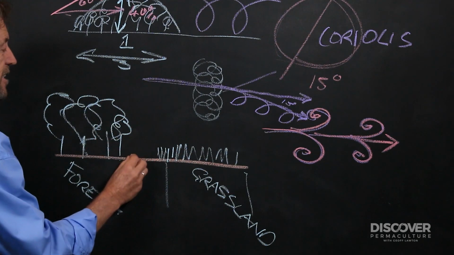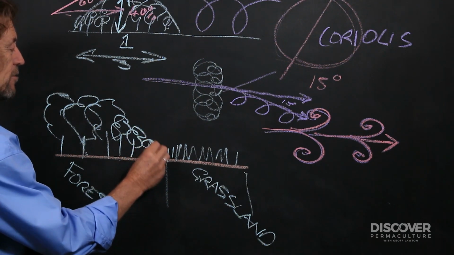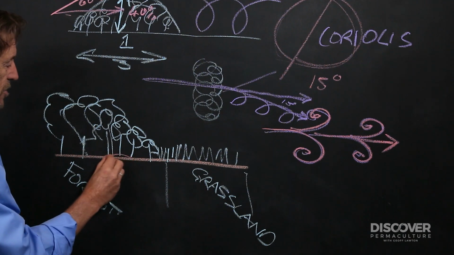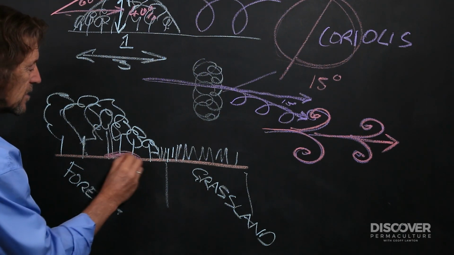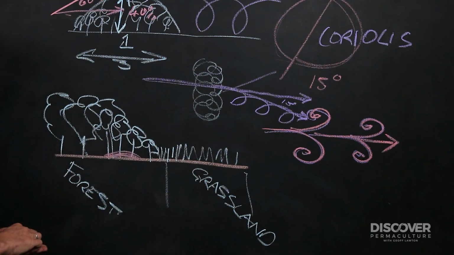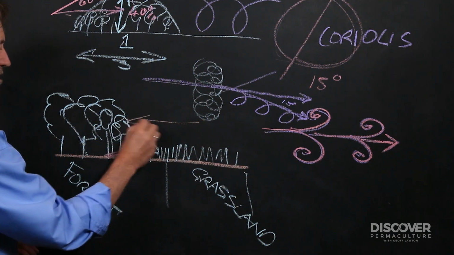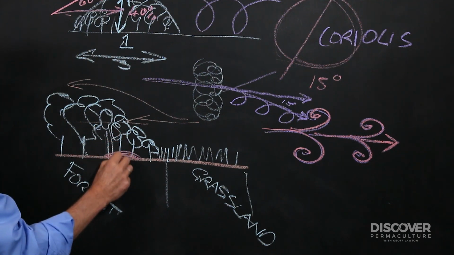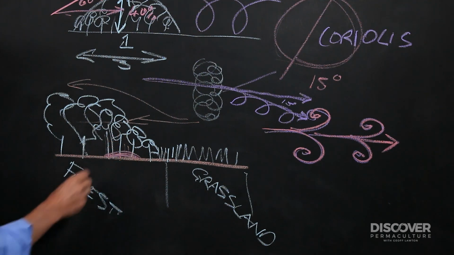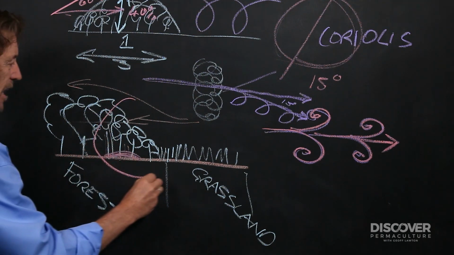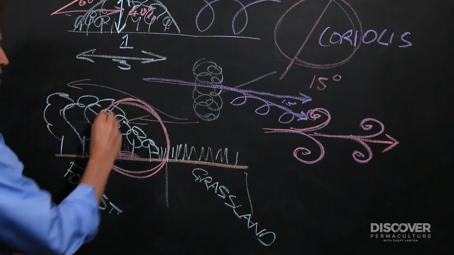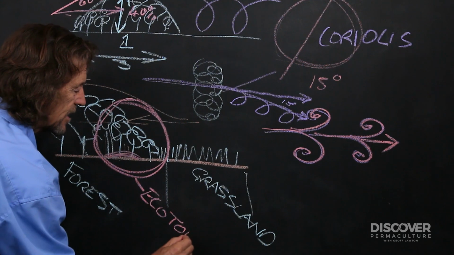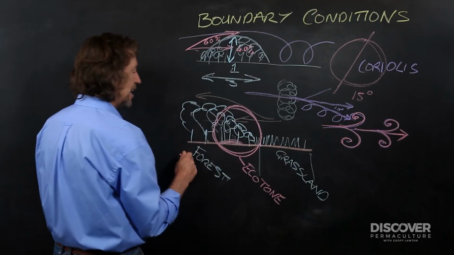There's an assembly of edge species here, and they're a little bit more diverse, a little bit more complex. There's a different soil system here because there are deposits that come in with the wind. As the wind enters the forest, although some lifts, what enters the forest slows down and drops deposits. And here, in this edge system, this is an ecotone. It's an ecotone of grassland and forest.